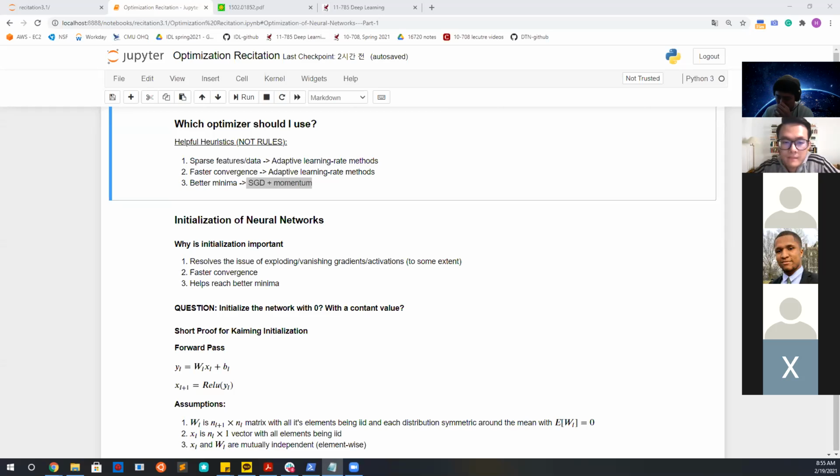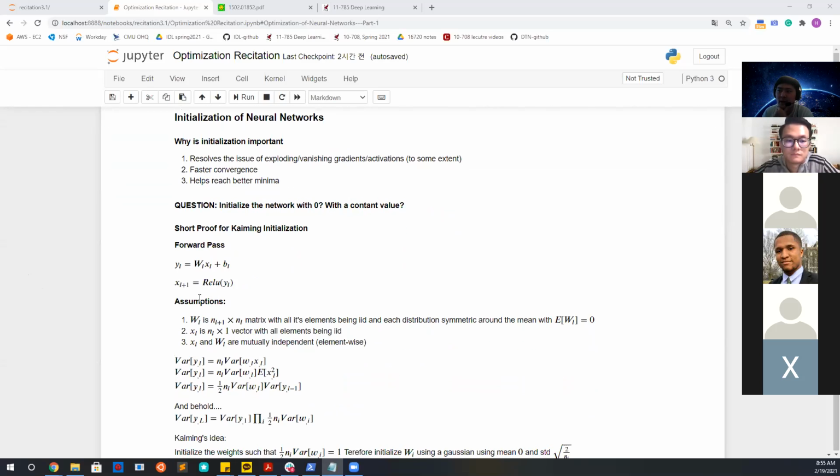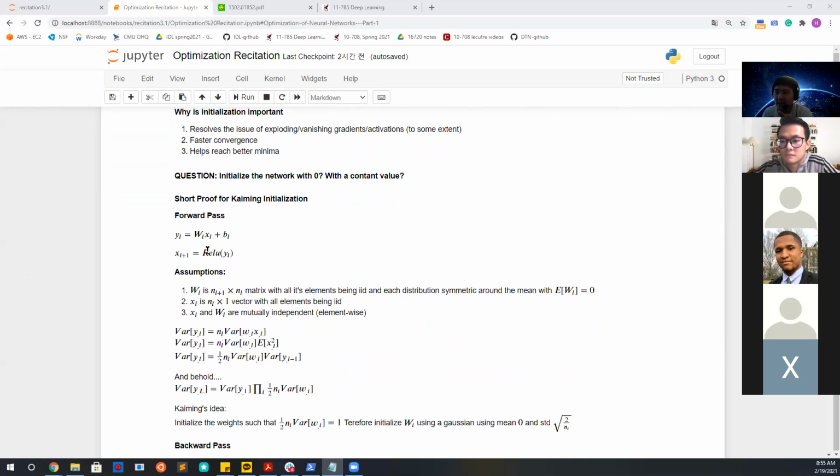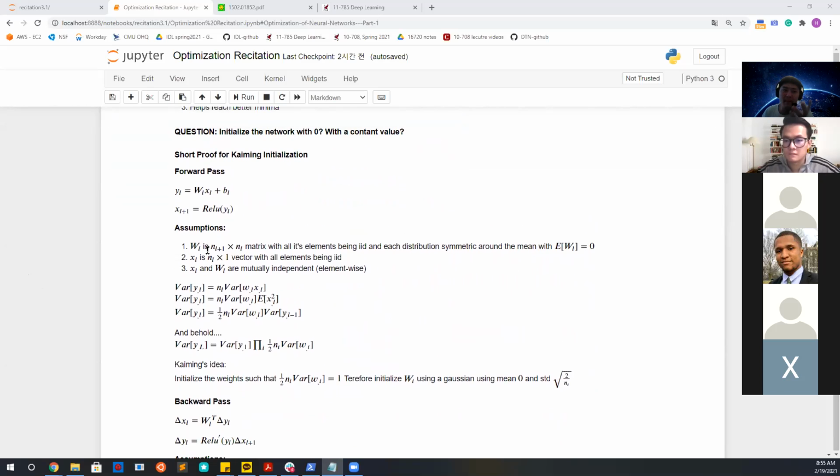There are many choices for what kind of distribution to use for initializing, like Gaussian or uniform, and I'm going to introduce two really successful initialization methods, which are Kaiming and Xavier.